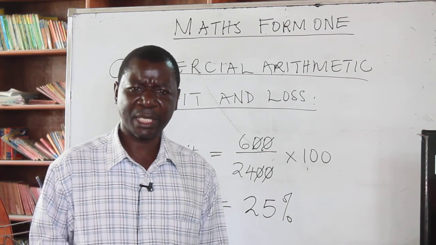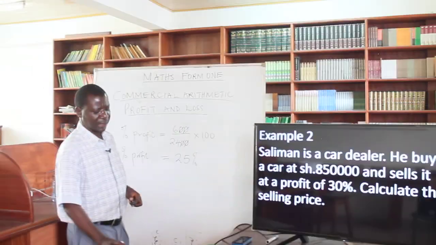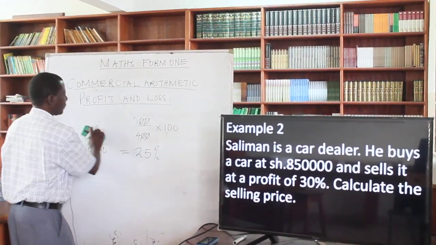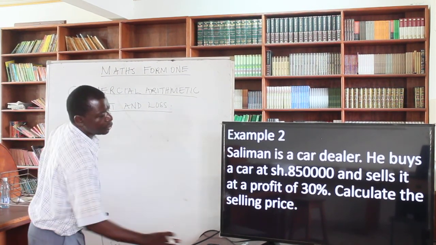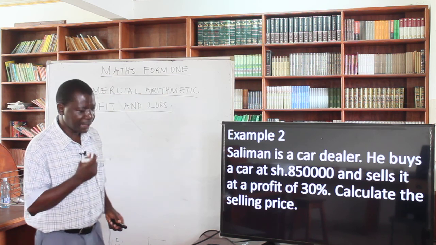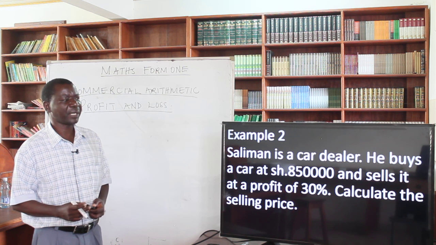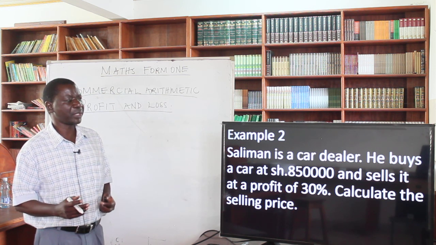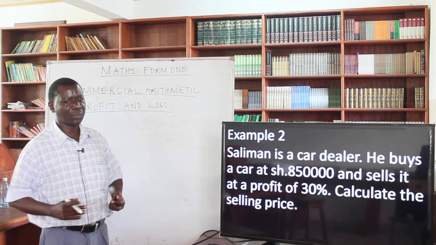We can look at this other example. Example 2. Remember that we do business in our day-to-day life, and the target of doing business is to get a profit, although unfortunately sometimes we get a loss.